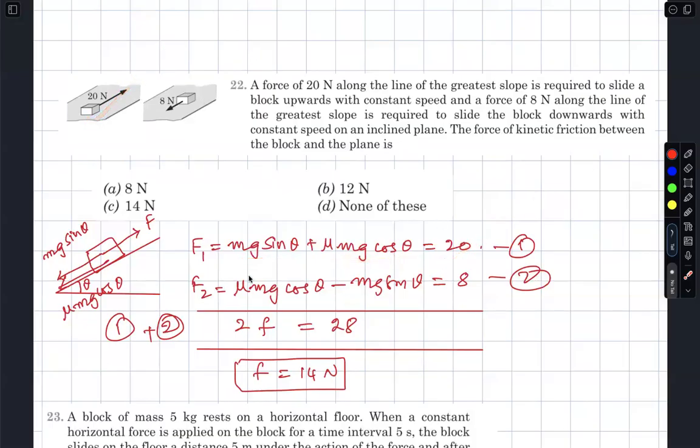F2: while you are making it move down, friction opposes in this direction, and of course the weight component is still downwards, mg sin theta. So F2 becomes F minus mg sin theta. So therefore 8 plus 20, 2F is equal to 28. F is equal to 14 Newton.